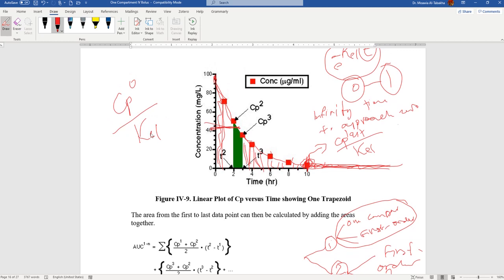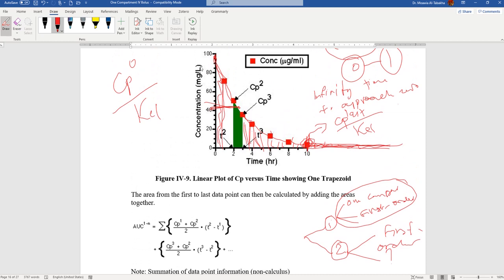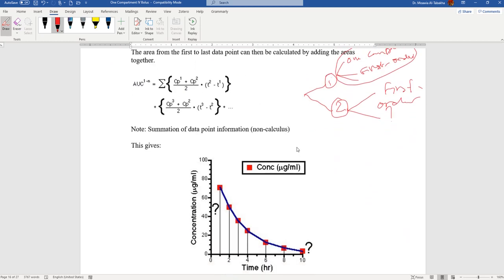KL you can get in this case by putting it on, let's say, semilog graph paper, or changing the concentration to log concentration, and then you get the slope of the best fitting straight line, and from that slope you can get KL. طيب, if you do not assume one compartment, in this case put the data points on semilog paper, and look at the terminal data points, like the last 3 or last 4 or last 5 that can make a straight line. يعني you don't need to look at the first data points unless all of them look like a straight line.